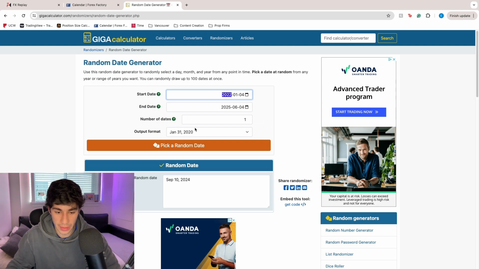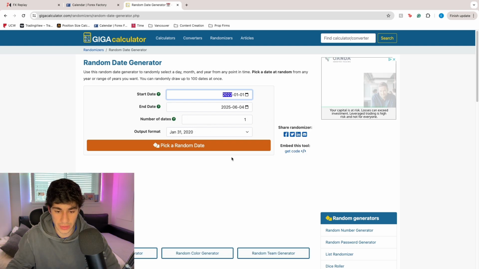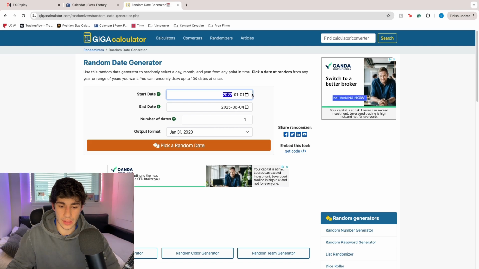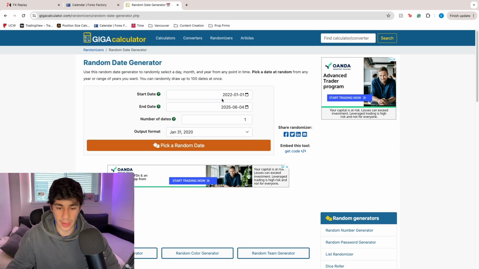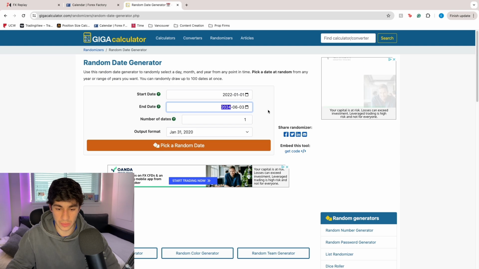So from the 1st of January 2020, actually the 1st of January 2022, to not make it very far away, and to the date of today, which is June 3rd of 2024. There you go.